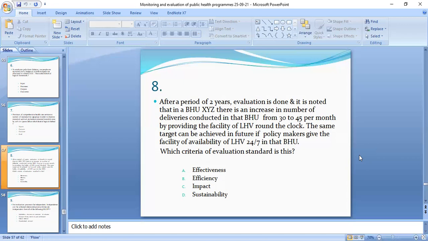Whether it is effectiveness, efficiency, impact, or sustainability? It is sustainability. Option D is the correct answer because if financially and institutionally the program continues with the present level of local inputs, then it is sustainability.